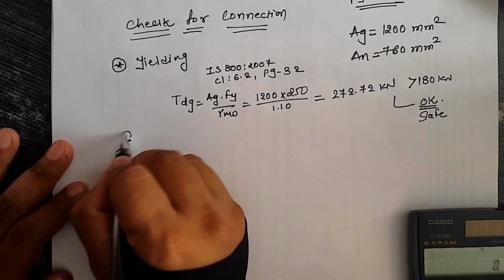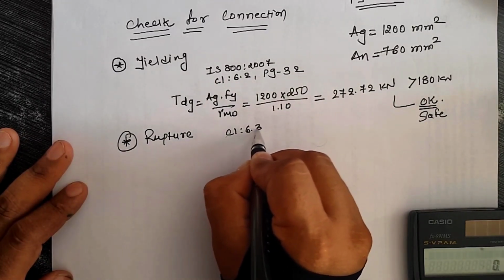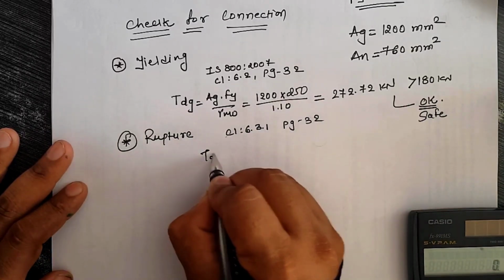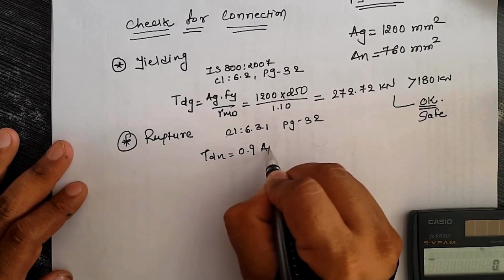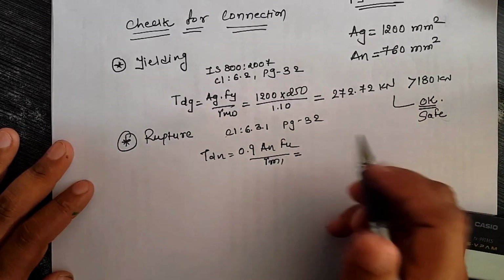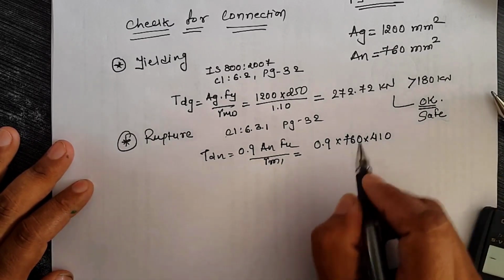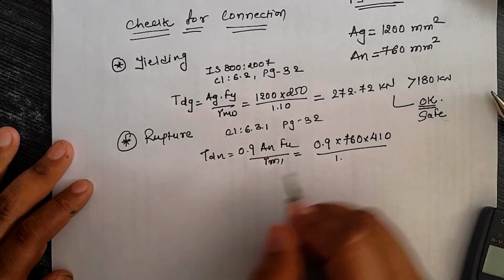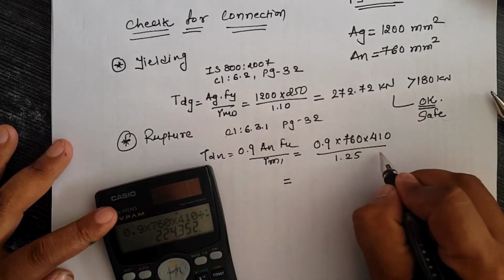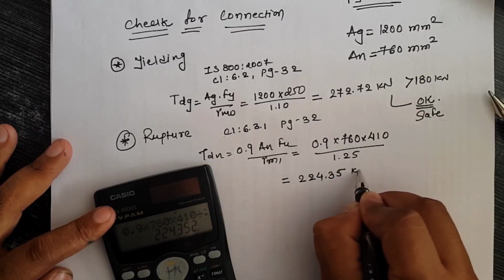Now next the connection is checked for the rupture, and according to clause number 6.3.1, the equation is given as TDN is equal to 0.9 AN Fu by gamma m1, and the value is 0.9, AN is equal to 760, Fu in general we take as 410, and gamma m1 is equal to 1.25, and it is near about 224.35 kilonewton.